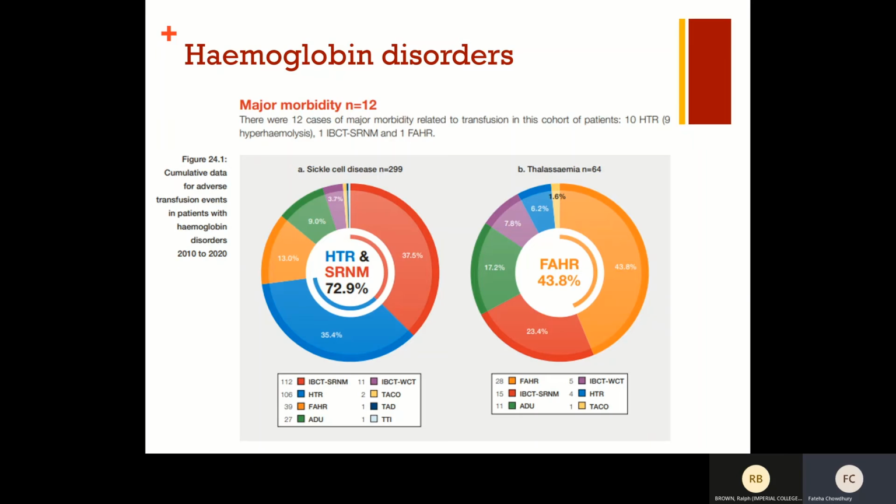And for sickle patients, you can see that incorrect blood component special requirements not been made is the vast majority, so 37.5%, followed by hemolytic transfusion reactions, and the two together almost make up to 73% of the reactions. Whereas for thalassemia, you see that febrile hemolytic reactions account for the vast majority in the orange, followed by incorrect blood component special requirements not met, and together the combination comes up to almost 44%.